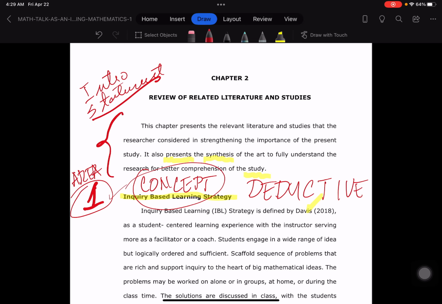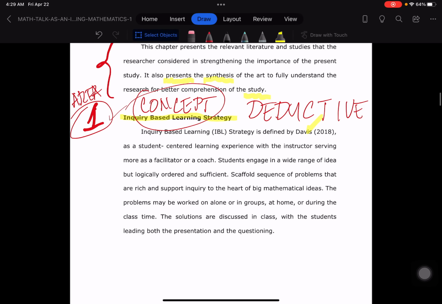Again, it is stated here that you should write it in deductive method. And on this particular side, area 1, I labeled this so that you can follow the discussion based on the topics. So this is topic 1, subtopic 1, and the label or the heading is inquiry-based learning.